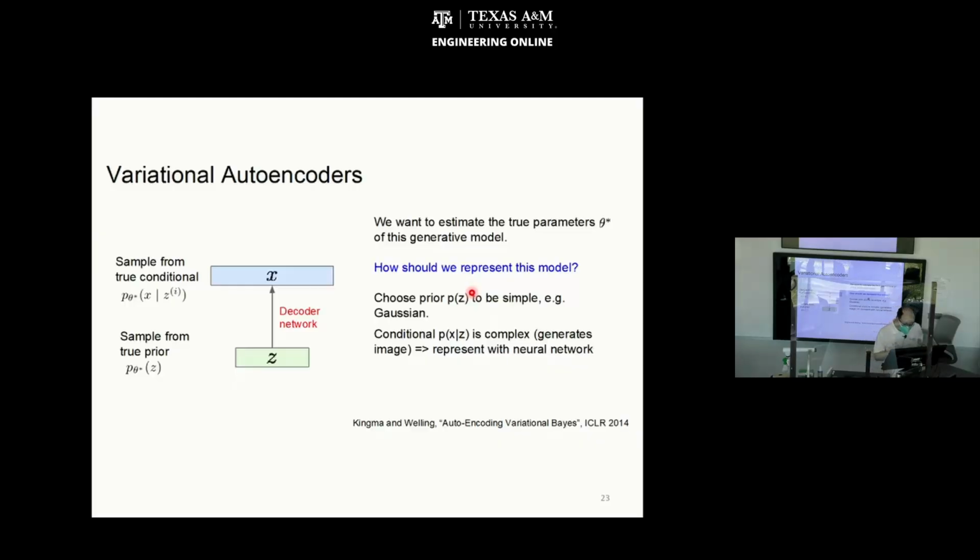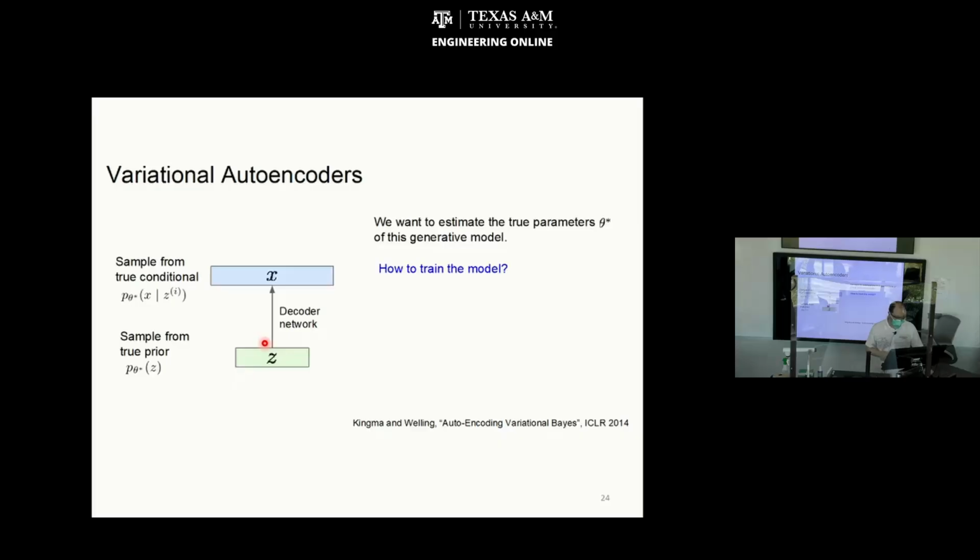But your conditional P of x given z, the decoder network, can be much more complex. Your P of z, the source, can be simple, but when you project it to the image world or the data world, this can be complicated. So P of z is simple, but P of x given z is complex, and we can do that using a neural network. This is the idea.